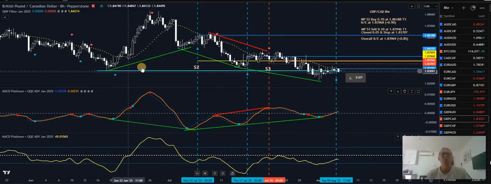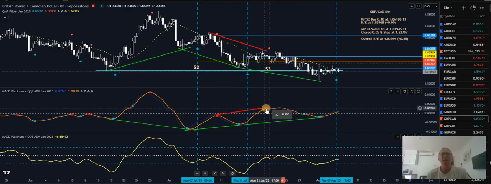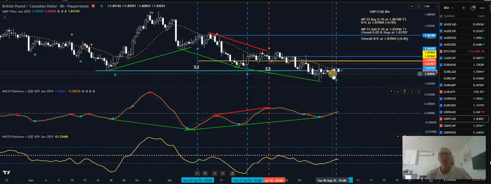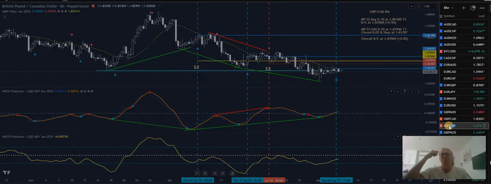It was hidden bullish divergence. The first buy, see there. But the MACD Platinum's gone through the zero level, but the whole time, the QQE's been below the 50 level. Just even there, it didn't pop through. So hopefully, the last buy, that's my overall break even, the yellow solid line there. That's where I want it to go to. It's not that far away, but just a matter of being patient.